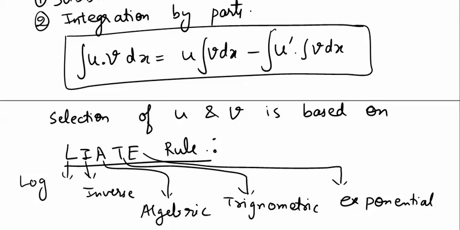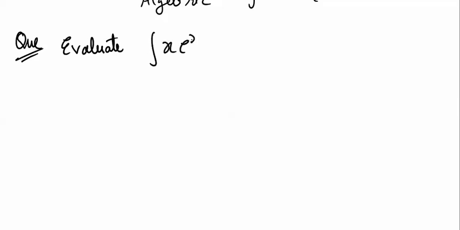For example, let us say evaluate integration x e raised to x dx. Now can I see two functions? One is algebraic, one is exponential. So this is the first, this is the second. So how will we solve this?